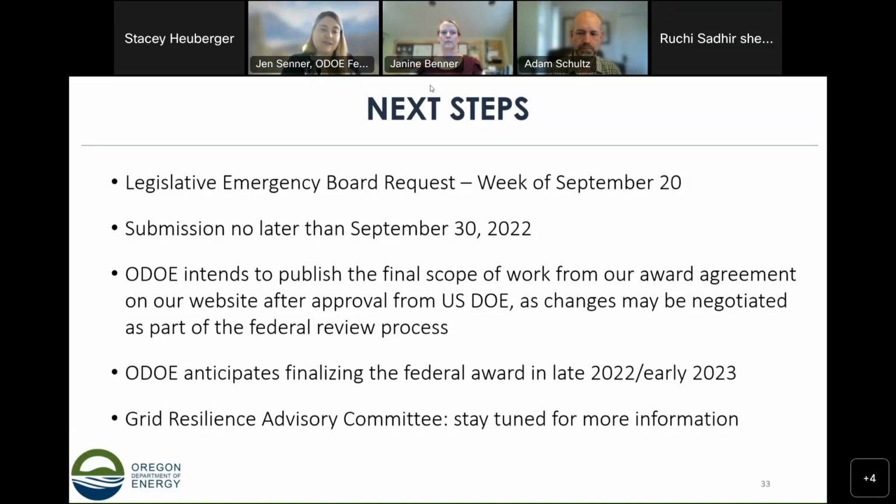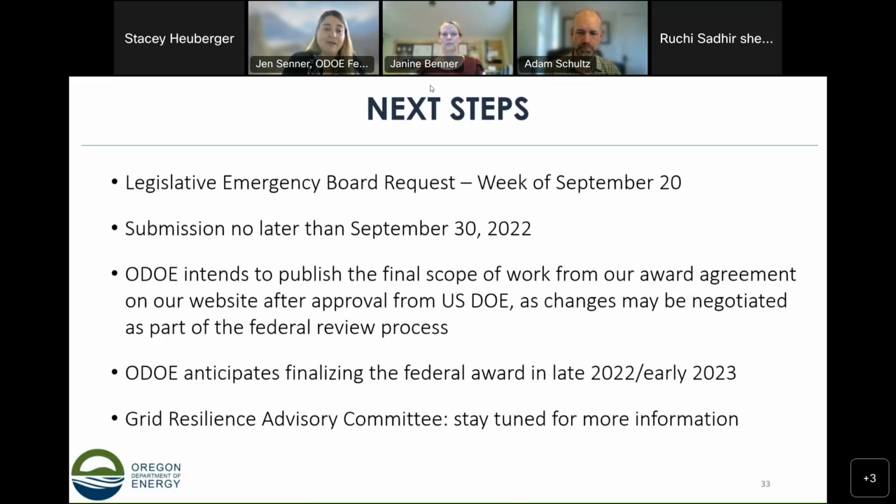Sometimes, if a project requires additional analysis under the National Environmental Policy Act, it could take quite a while before the federal government will grant full approval for us to move forward with a final award agreement. So ideally, we're seeking projects that, by the time they apply, are able to complete that environmental questionnaire, and we'll be able to provide additional information on what that looks like when we're ready to launch an application cycle.